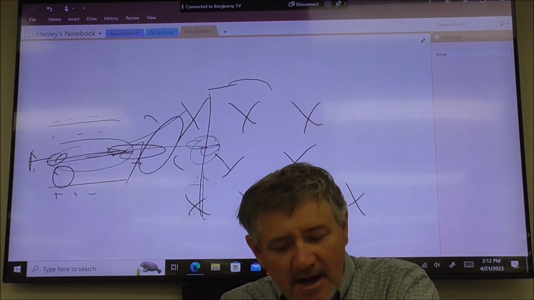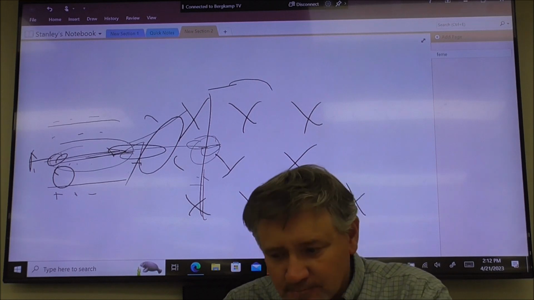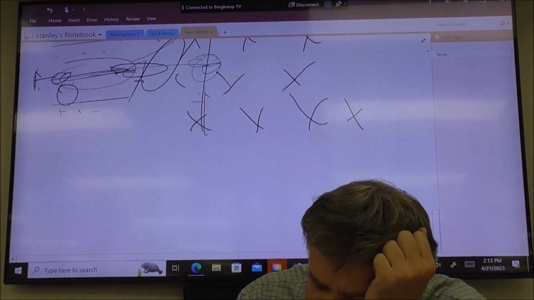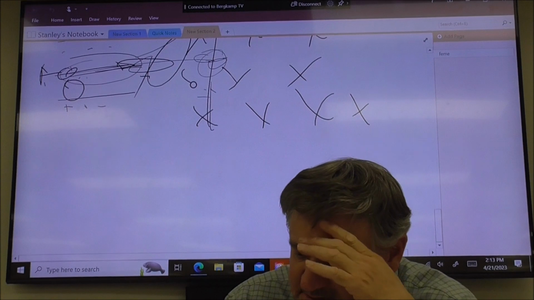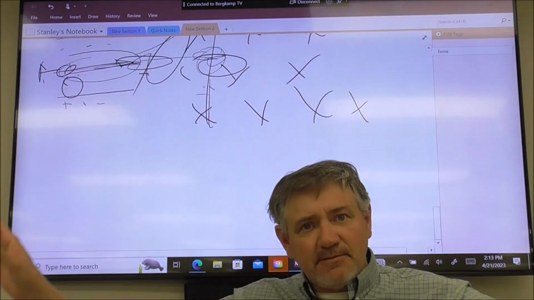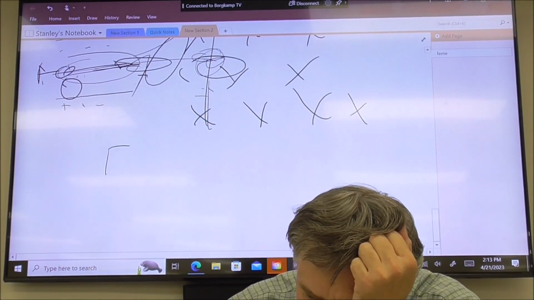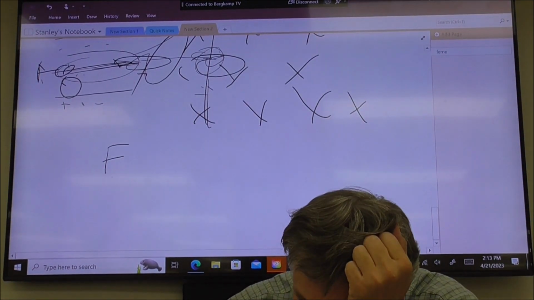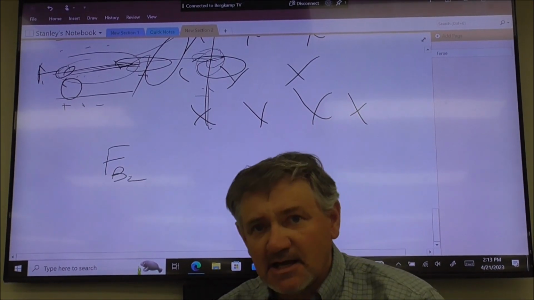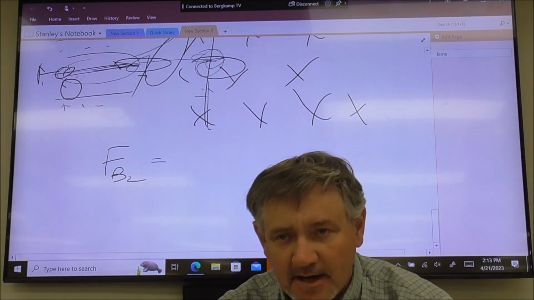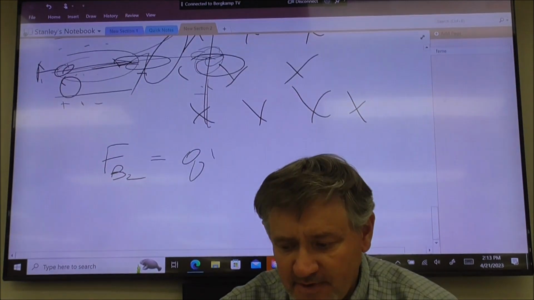Okay. Now, here's the story. This is where you do some substitution. As this particle hits that second magnetic field, how are you going to calculate that second force from that second magnetic field? What are you going to have? QVB.